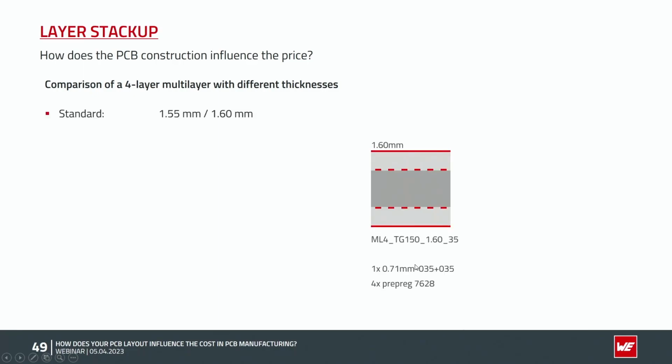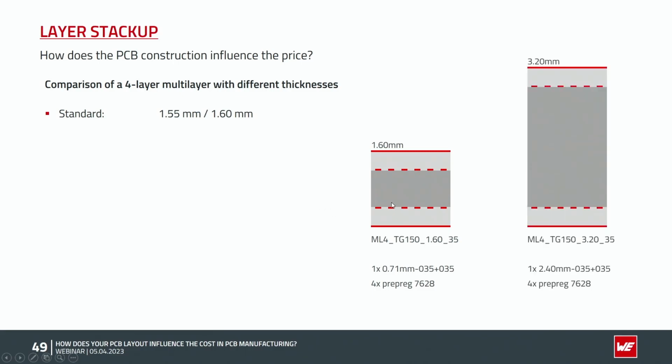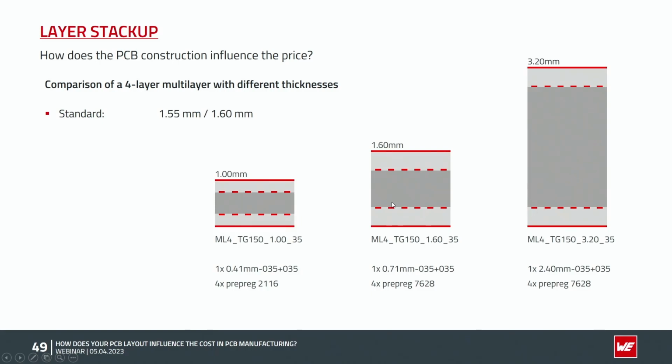So let's have a look at different thicknesses of multilayers. All of them have 4 copper layers. This is more or less standard 1.6 millimeter, then a thicker one, a slightly thinner one with 1 millimeter thickness, and half of that, 0.5 millimeter width, which is quite thin.